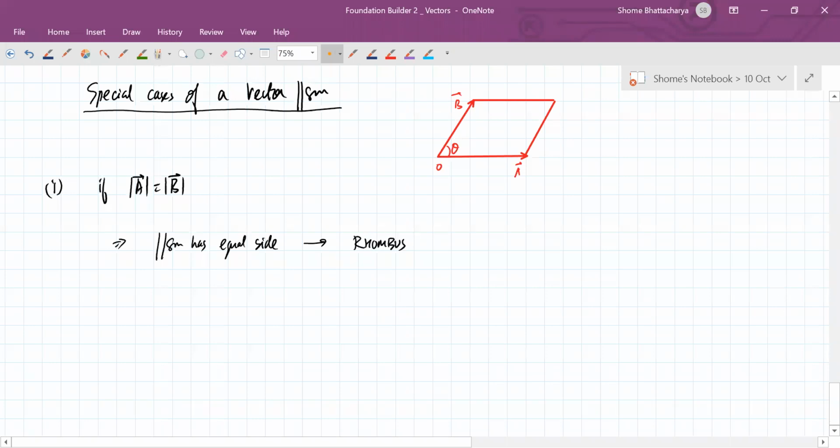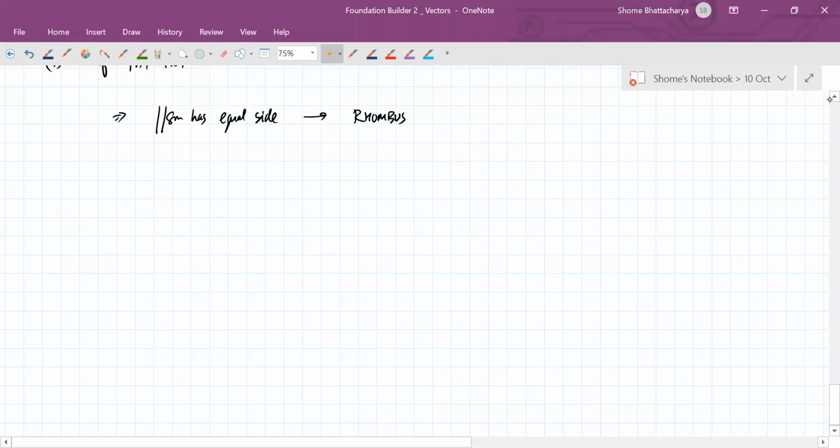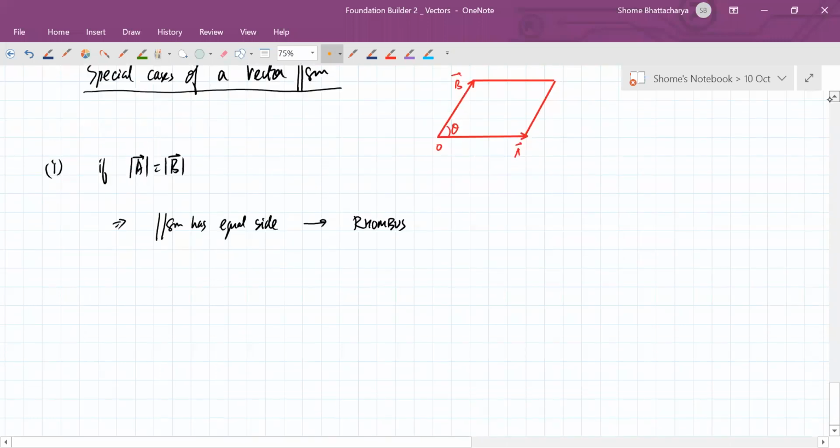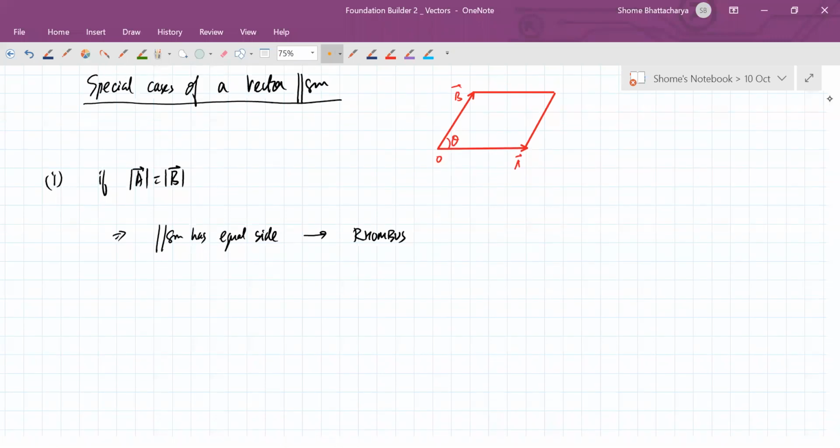Okay. So in this particular case, our vector parallelogram is a special category of parallelogram, or you can say a subset of parallelogram, which is called rhombus.